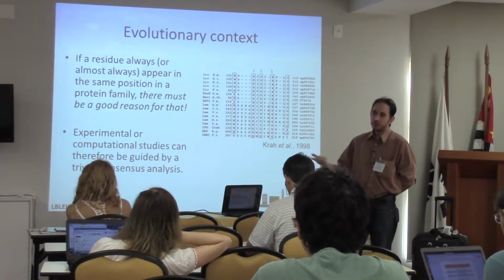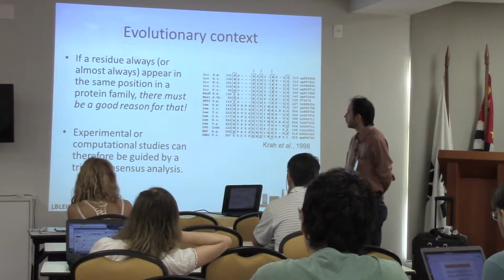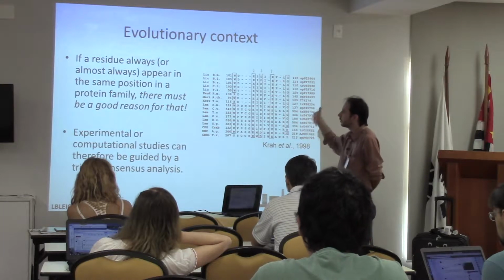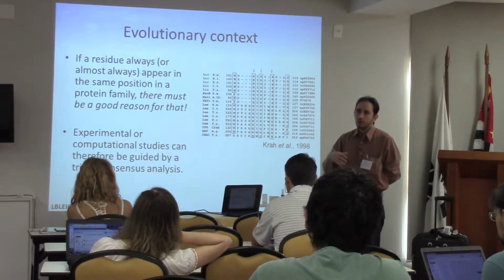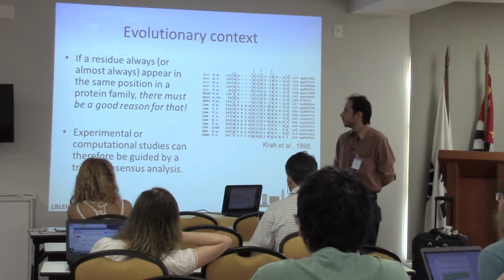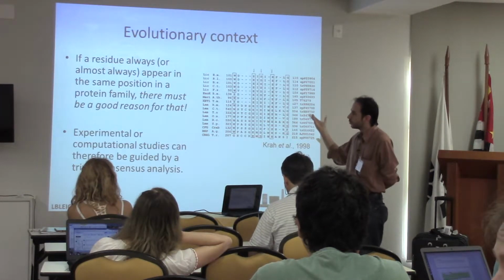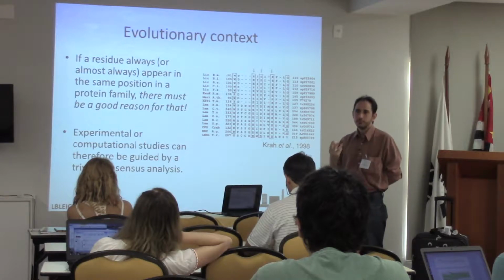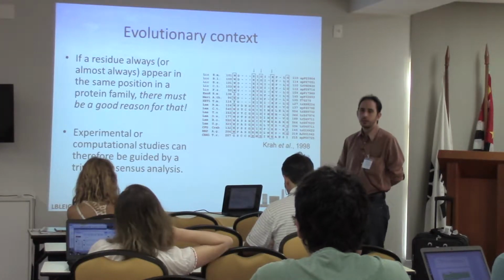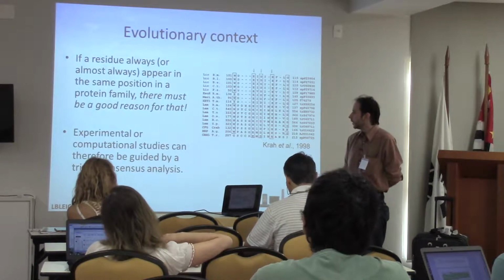The first thing one can do, and it's quite trivial, is simply look at a set of homologs and see which are the positions on which all sequences or virtually all sequences have the same residue. If this happens, there must be a good reason for that, and this is the first clue we have about finding functional residues, things that are in active sites and things like that.